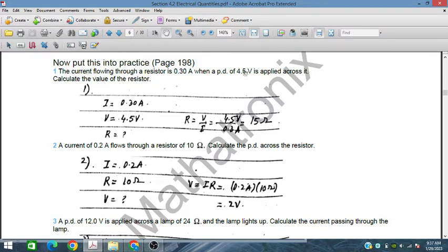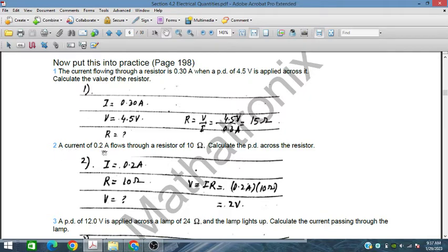We have been given the current and the potential difference applied across that resistor, so the resistance can easily be obtained as R is equal to V upon I. V is 4.5 volt and current is 0.3 ampere, so 4.5 divided by 0.3 is 15 ohms. So this 15 ohms is the result.